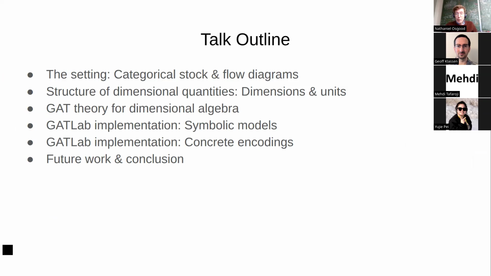I'll then speak about the structure of dimensions and their associated units. And particularly the mathematical structure that applies there, which is then captured in Uji's beautiful generalized algebraic theory.